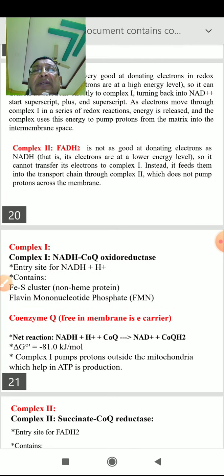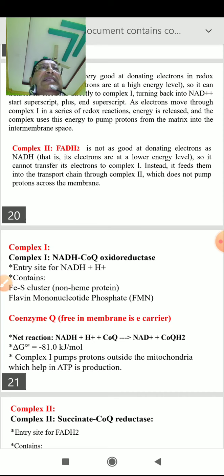The next complex involves FADH2, which is not as good at donating electrons as NADH. So it cannot transfer the electrons to complex 1. Instead, it feeds them into the transport chain through complex 2, which does not pump protons across the membrane. This FADH2 accepts the hydrogen when it is released from the succinate.